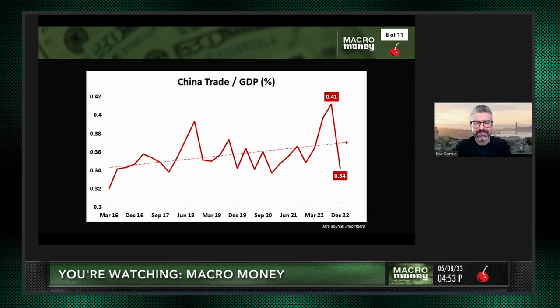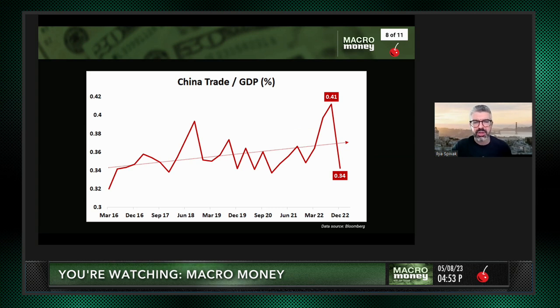And you can see that with the lockdowns, of course, we had a sharp decline from 41% to 34%. One might expect that, since this is data that runs only through the end of last year, that number has already come back, because of course we've had those lockdowns lifted, and there's since been, as we already saw, a significant pickup in economic activity.